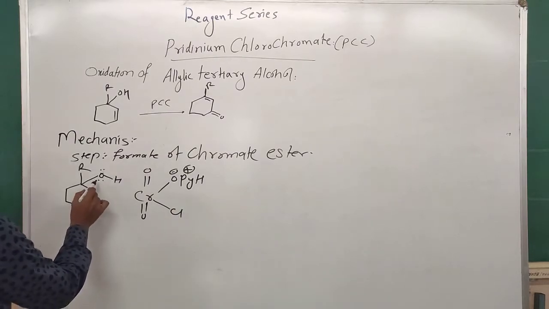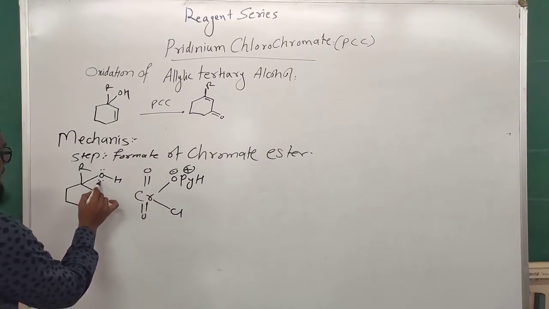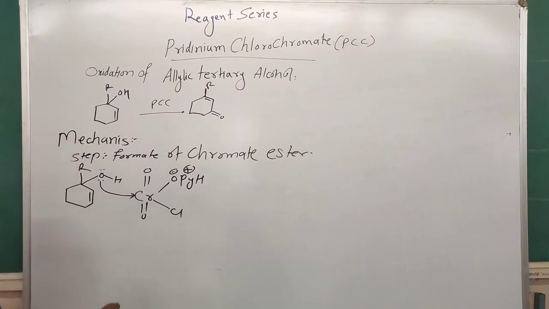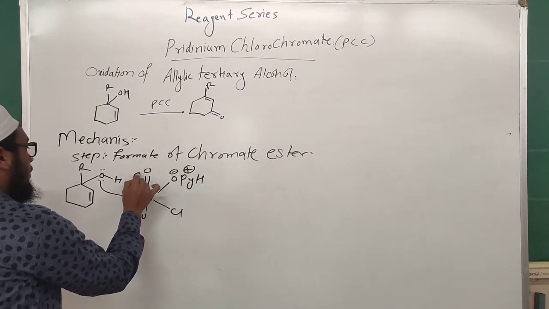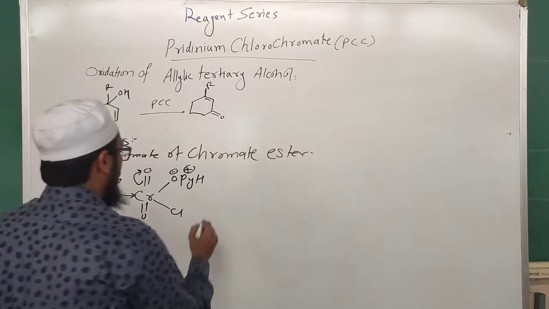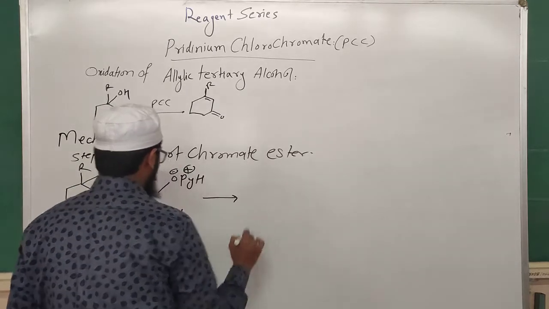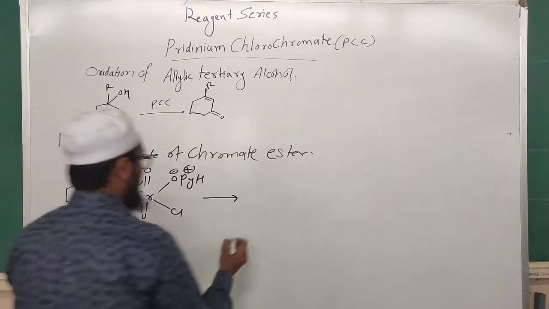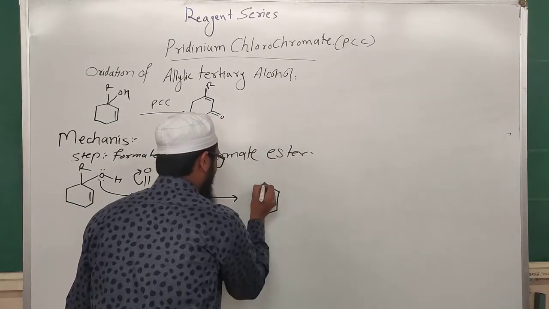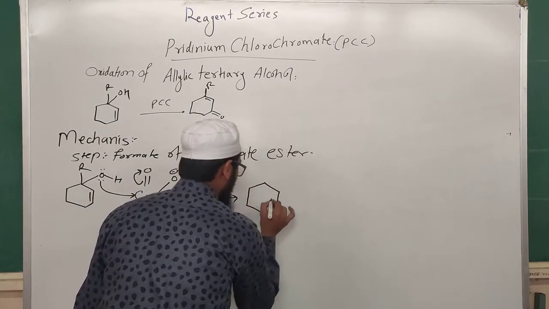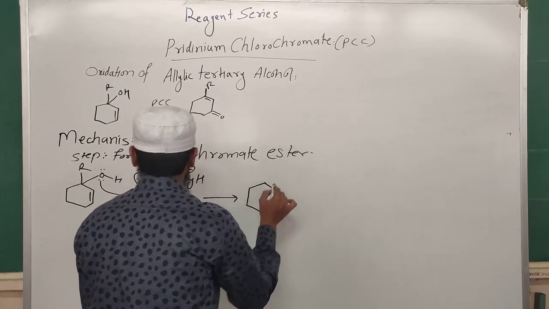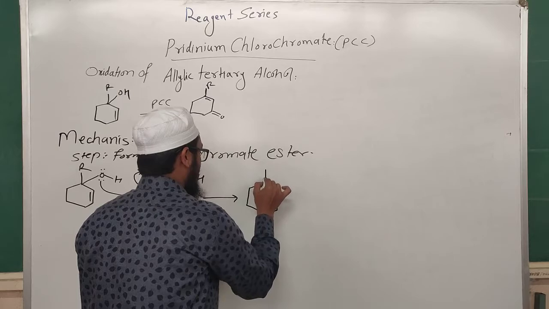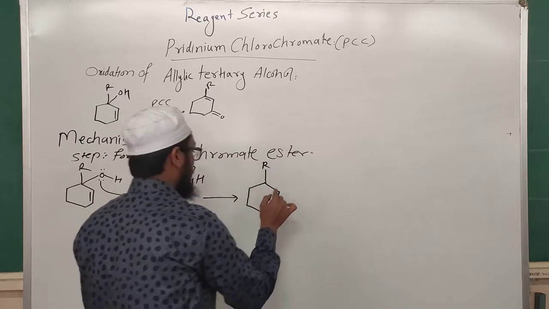Now this lone pair of this oxygen will attack the chromium, and this chromium oxygen bond will break and become a single bond. Let me write the reaction after the arrow. This is our cyclic ring, it has one double bond, and it has an alkyl group.